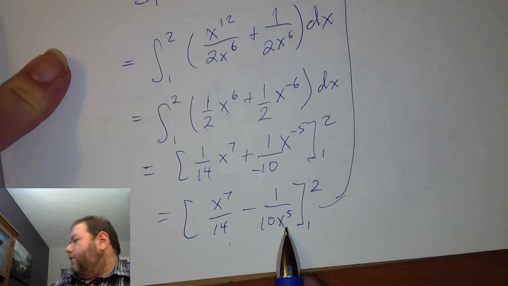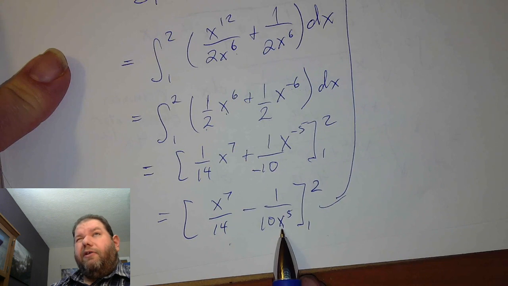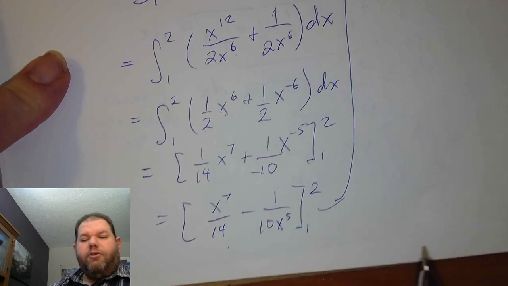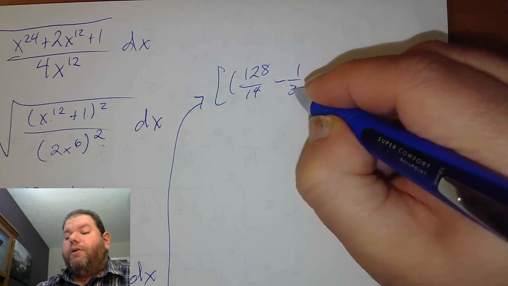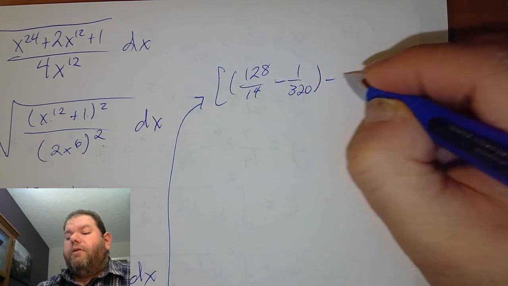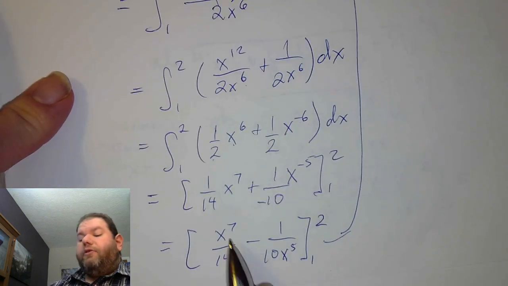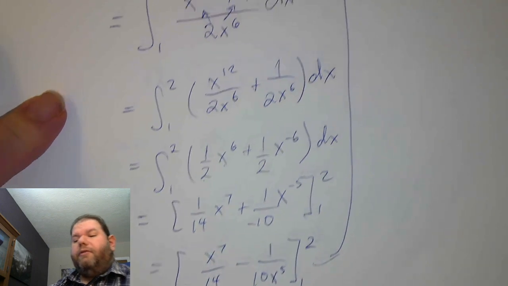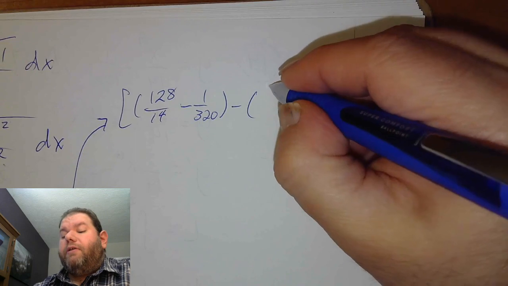And then 2x to the 5th, plugging in 2, we get 32 times 10 is 320. So minus 1 over 320. We plug in the 1, we just get 1 over 14. Plug in the 1, we get 1 over 10. So 1 over 14 minus 1 over 10.